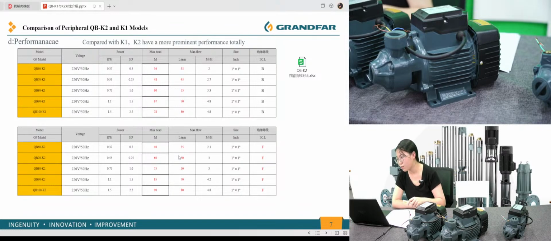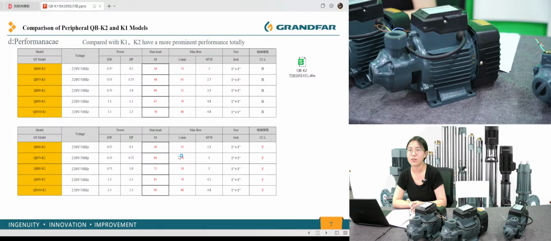There is another difference, also an improvement between the two kinds of product: the isolation class level. For the old product, the isolation class level is B. For the new product, the isolation class level is F. So from the whole graph, we can see the key points are the max height, the max flow, and the isolation class level.